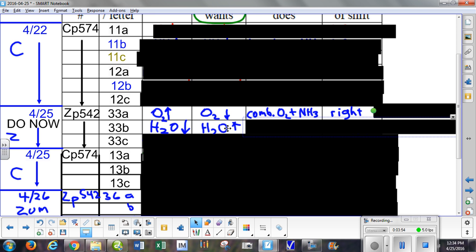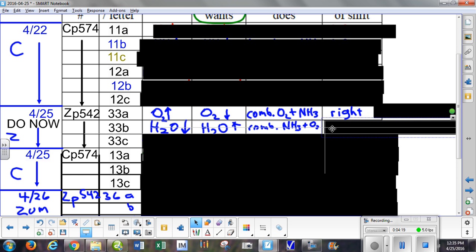What we're trying to do is get rid of the water. I'm sorry, we're trying to make more water. So yes, the NH3 and the O2 are going to be combined, and by combining those, we'll make nitrogen monoxide and water. So that's what you're going to see here, ammonia and oxygen.